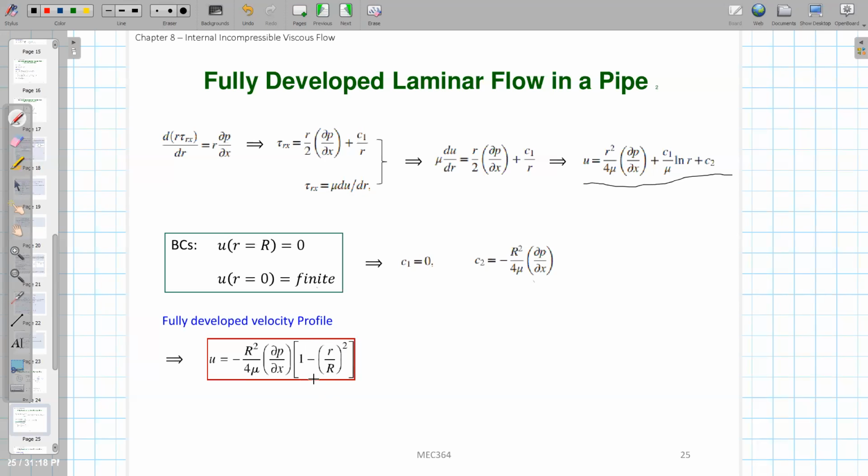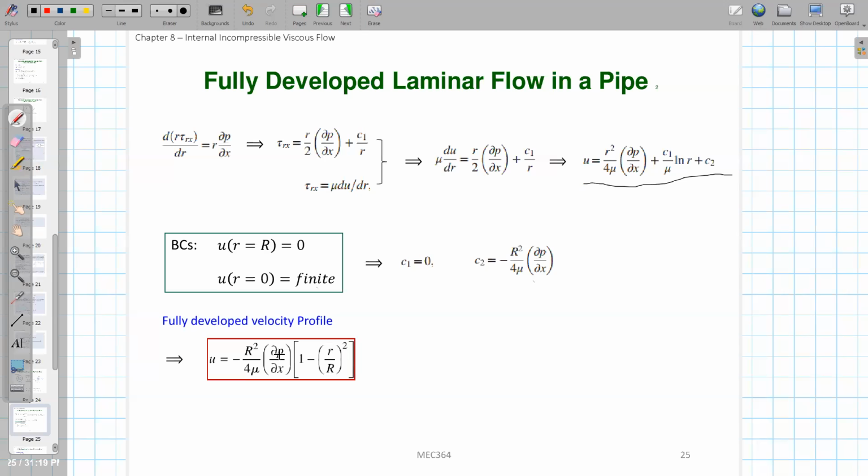This is only valid for flow inside a circular pipe that is fully developed. And again, you can see that the flow profile is a parabolic profile in r. And this partial P, partial x is the pressure drop, a constant, as we already proved.